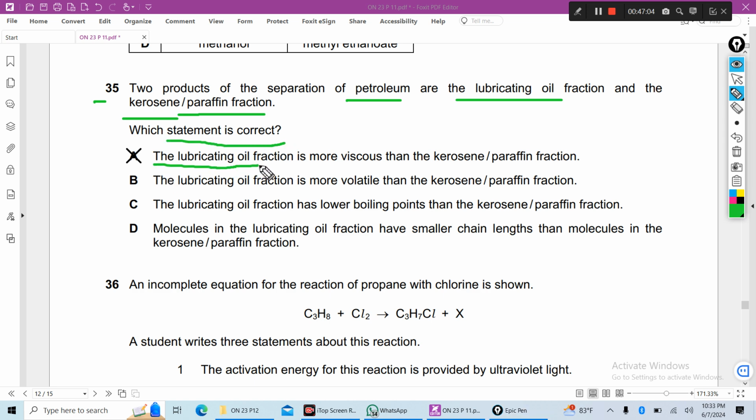The lubricating oil fraction is more viscous than the kerosene or paraffin fraction, because lubricating oil has a higher boiling point, so it is more viscous. A is the right answer. Lubricating oil and bitumen are more viscous.